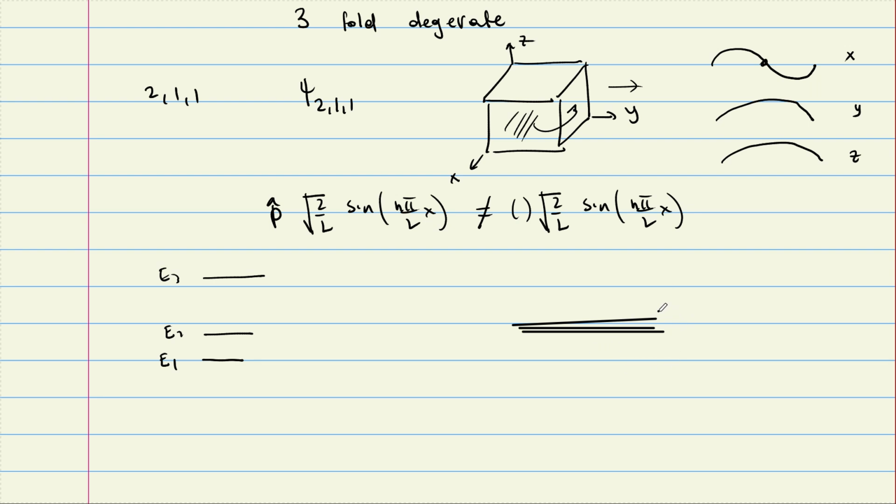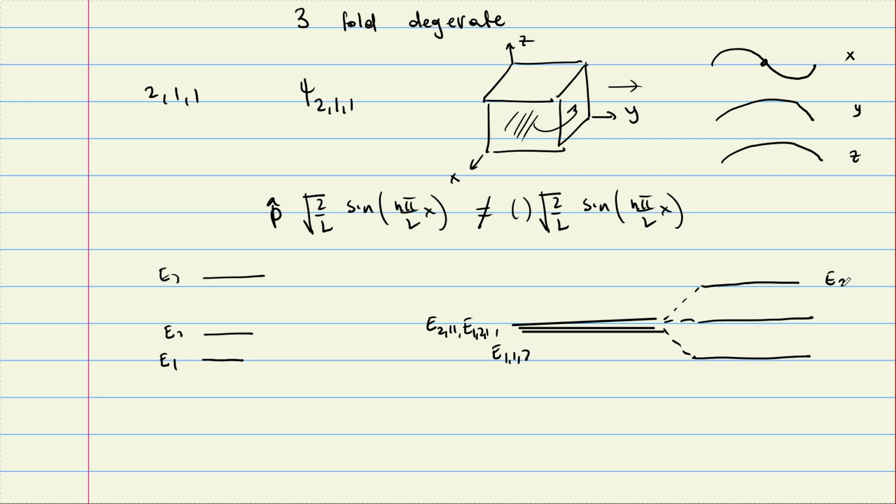And sometimes we are going to do something to the system, like break this rotational symmetry. That's what we call perturbations. We are going to solve the problem, and then consider a little bit of deformation. Whenever there is a little bit of deformation, we say this degeneracy is split, and we are going to have this opening. So if you want, E211 is equal to E121 is equal to E112, but these are not like that.